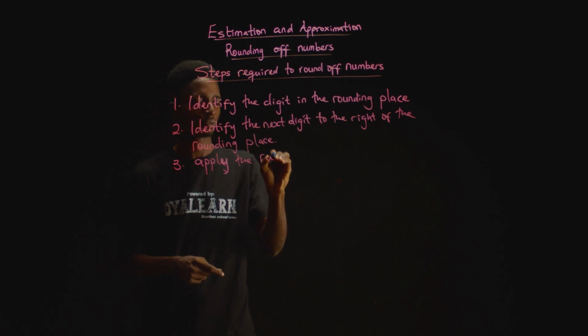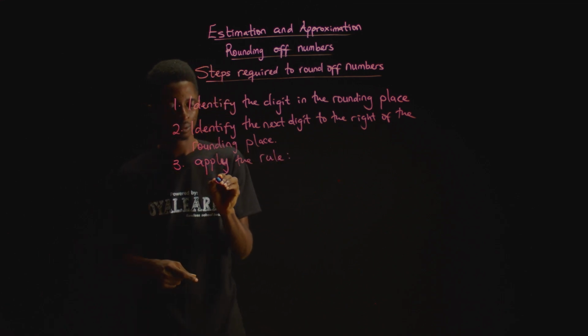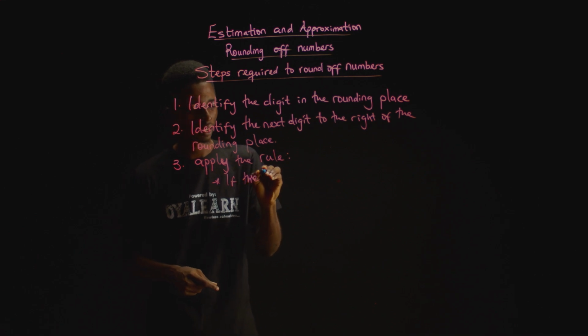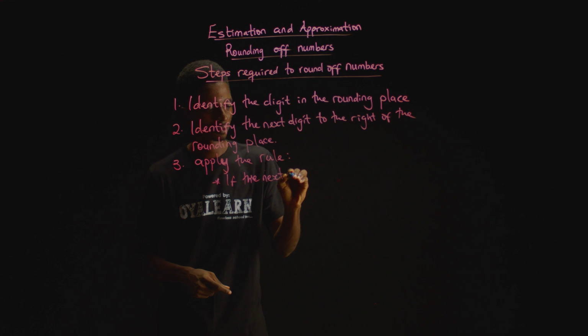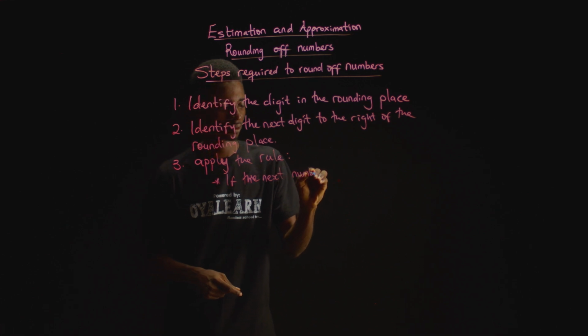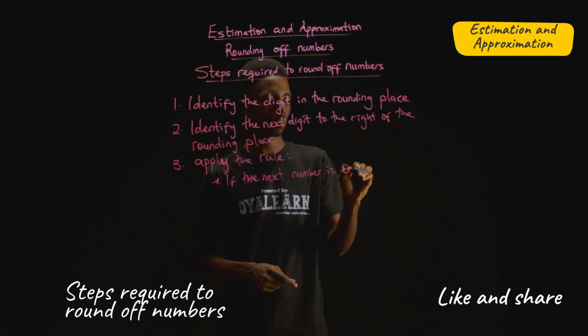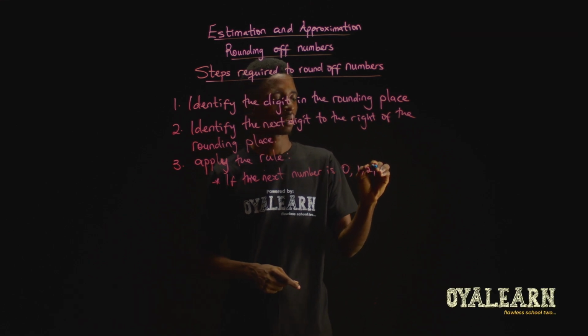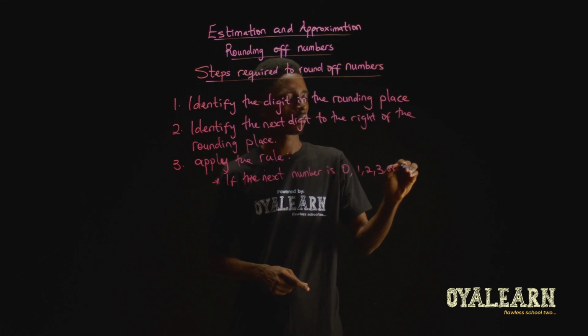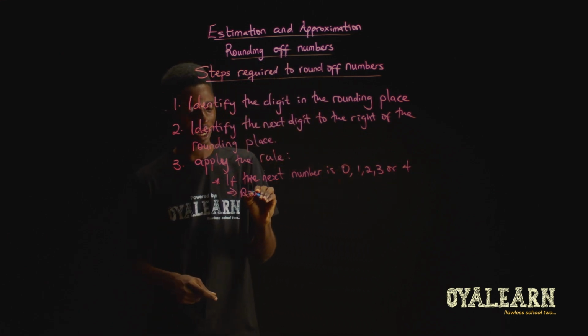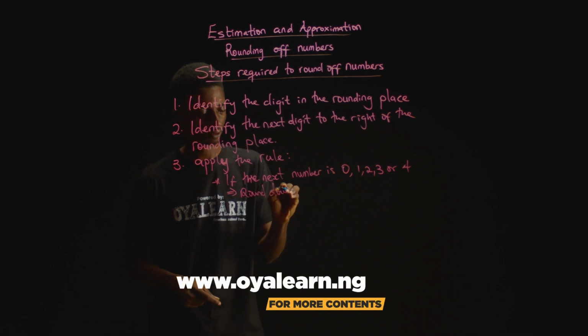So when you've gotten that, then you apply step 3, which is to apply the rule. If the next number is 0, 1, 2, 3, or 4, you round down.